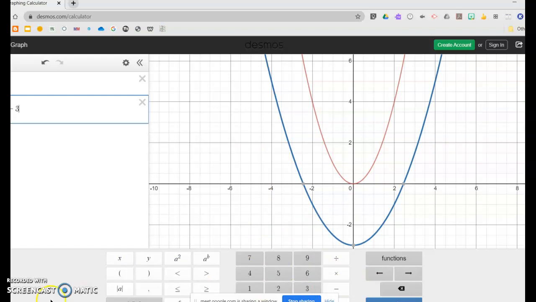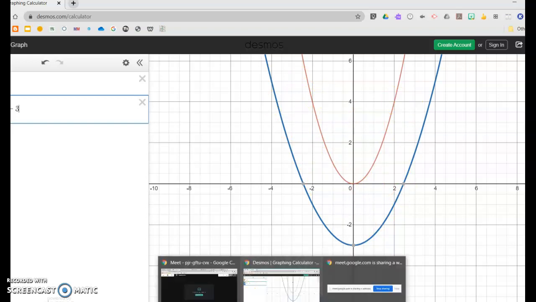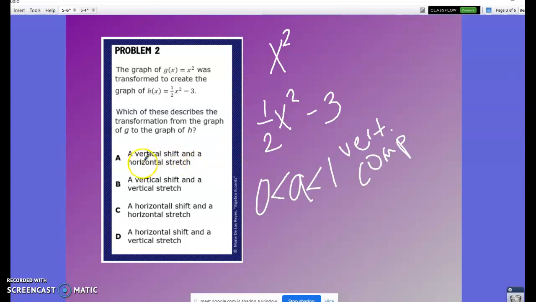Okay, so if you take a look at this graph, you'll notice that not only is it shifted down, it is also wider than the original, which, if you remember, if your A value is between 0 and 1, which 1/2 is, then it is a compression, a vertical compression, which is not an answer choice, but it's definitely not a vertical stretch, because that would mean narrower.